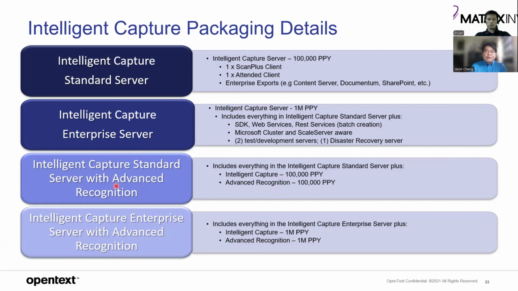We have another SKU to upgrade the standard server to enterprise server, so that they can enjoy the other bundled solutions like the web services, cluster, and the non-production environment. It's purely upgrading into all these SKUs, but not the page count. So it still remains at 200K pages per year, without the 1 million pages.